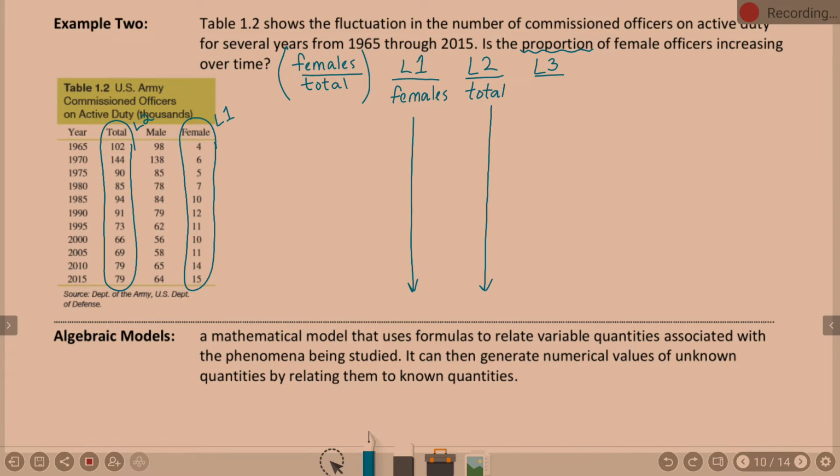Okay. Right here, if I look at my L3 column, I have 0.0, oh wait, you know what? I didn't write down. Okay, well L3 was L1 divided by L2, yes?